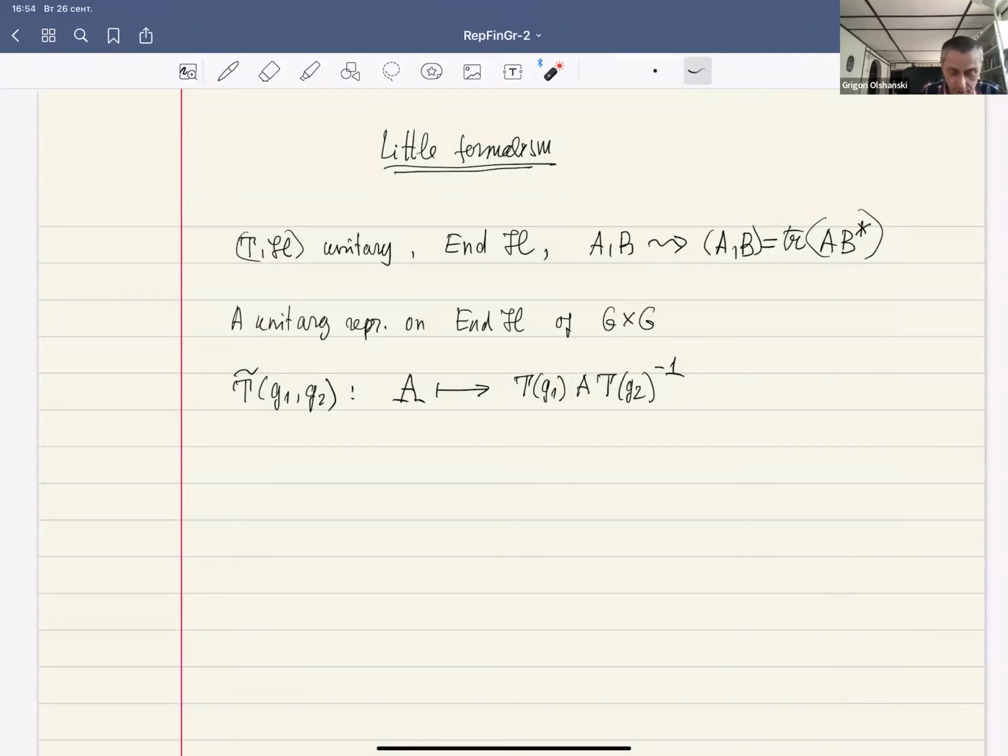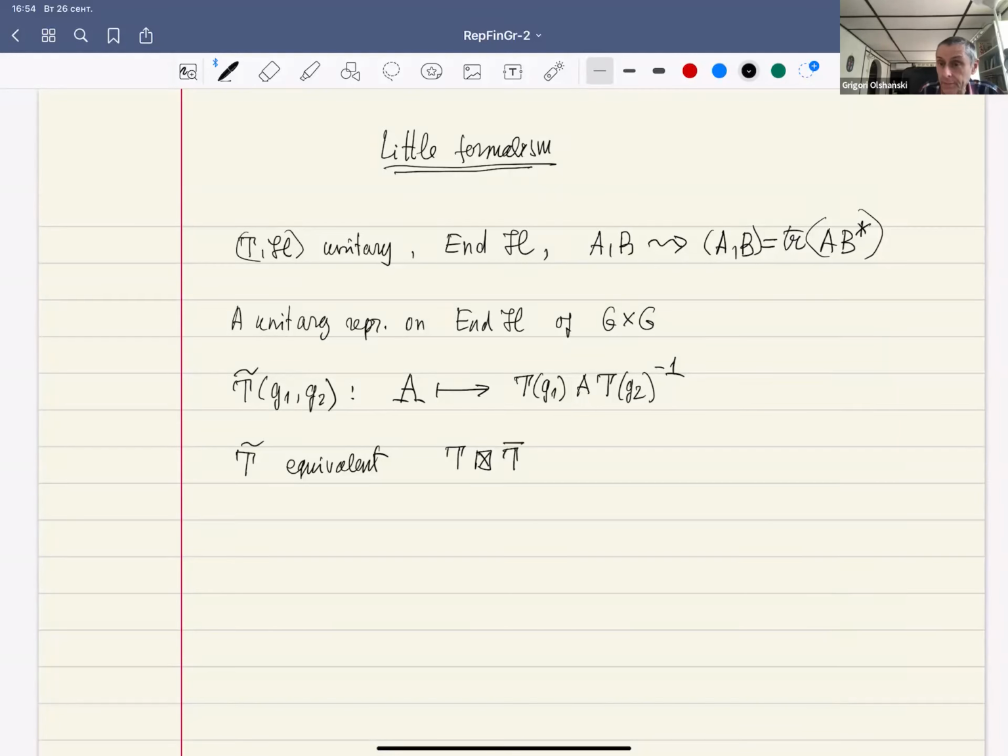So we claim that this representation, T tilde, is equivalent, is the same as what? As the exterior tensor product. I want to distinguish between the interior tensor product and exterior. Let me explain. And T bar.